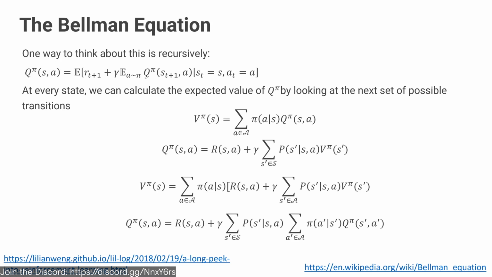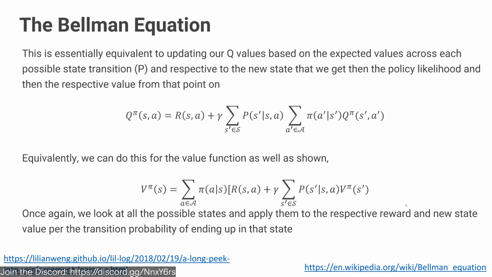So you can see this Bellman equation allows us this recursive expansion and the definition and the flipping between the value and the state action function, which are intimately related. In a way, this is equivalent to updating this Q value function based on the expected values across each possible transition. So this is with respect to the new state that we get, within a policy, and then the respective value from that point on.